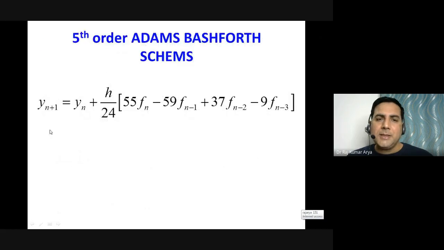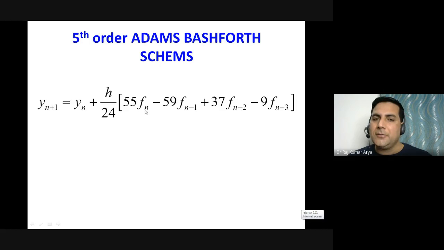The other method is the fifth order Adams-Bashforth. This is again a multi-step method. This also is calculated by this, so you have h upon 24. This is the formula. The derivation is there, but we are not interested in that. We want to use it directly. What does it need again?